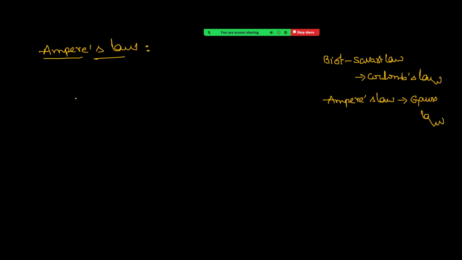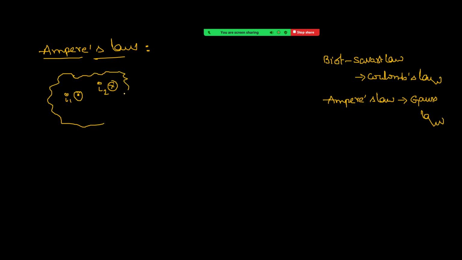Let us consider there is a current I1. This is now towards us, meaning normal to the plane of this board, and towards us current I2, that is into the board, and I am taking here one loop. This is one loop.